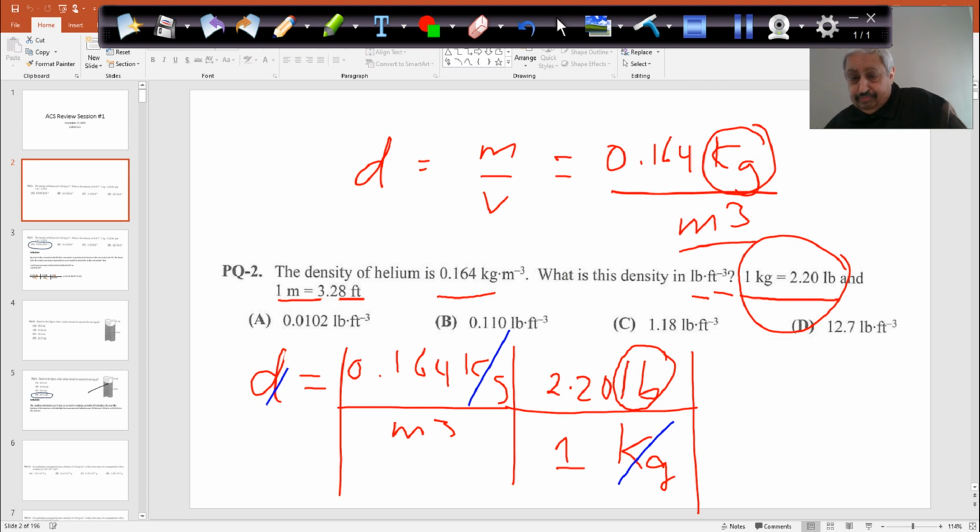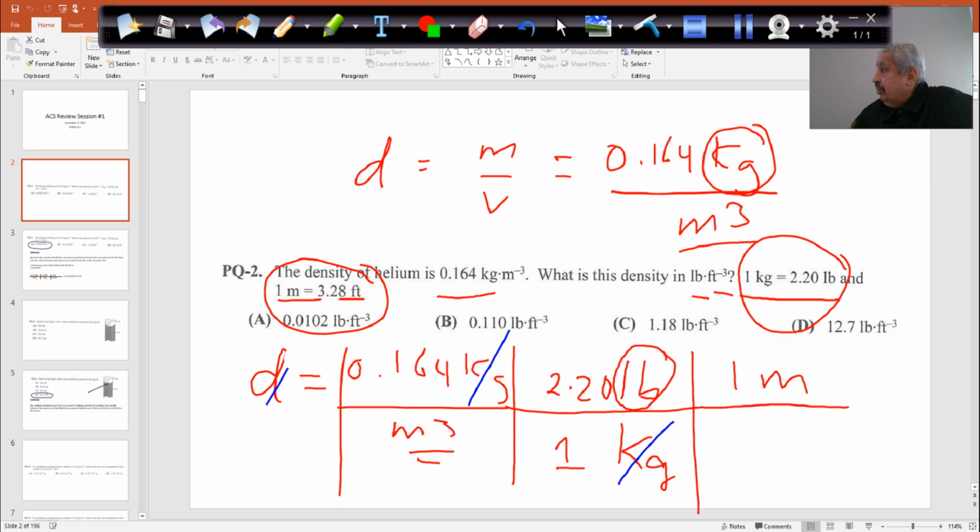I mean cubic meter to cubic foot. So here it is. Where should I put the cube here? What's next? I need to convert the cubic meter. So where do I put this one, down or up? What do you think? I will take advantage of this, correct? So this is down here. I have to put one meter here.